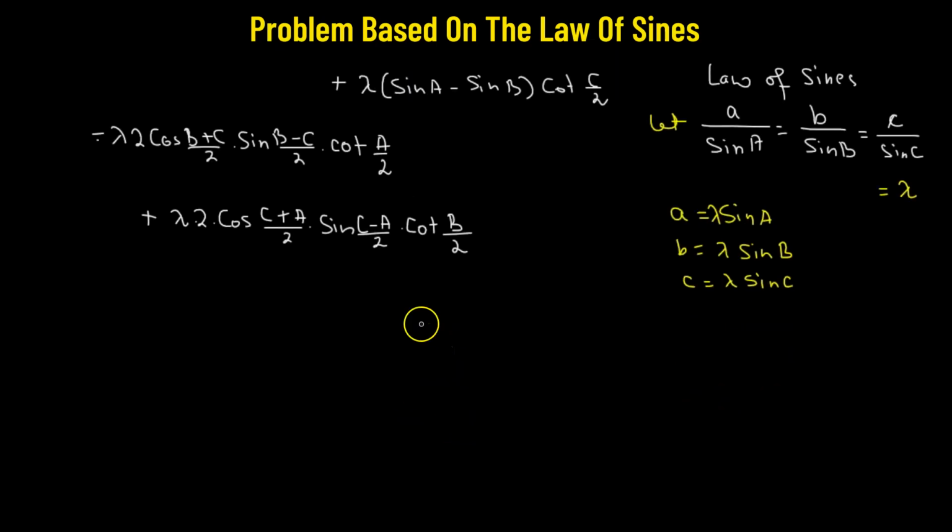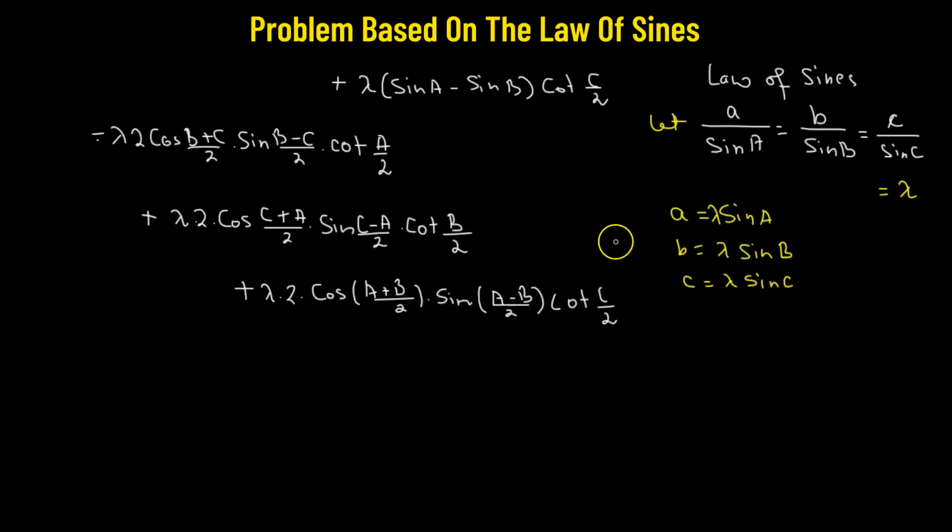And the third term will be lambda multiplied by 2 times cosine of A plus B over 2 multiplied by sine of A minus B over 2 times cotangent of C over 2.